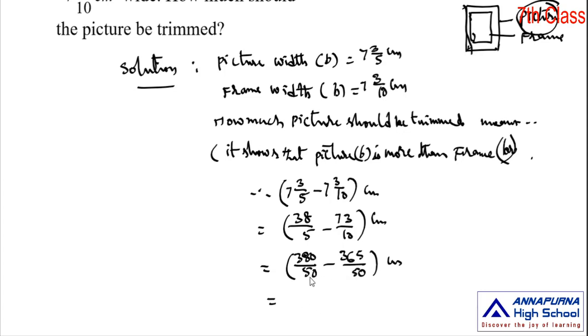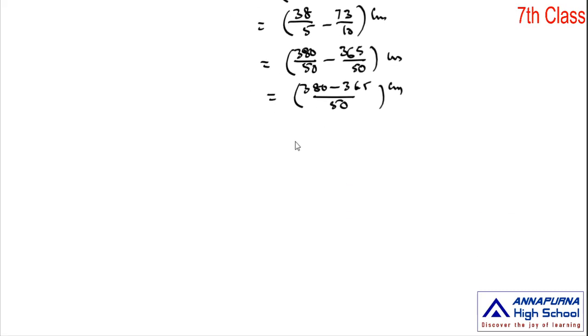Now the difference of like fractions is similar to the addition of like fractions: sum of the like fractions is equal to sum of the numerators by common denominator. Here difference, subtraction, difference of numerators, 380 minus 365 by common denominator 50 centimeters, which is equal to 380 minus 365. How much you will get? 15 by 50 centimeters.